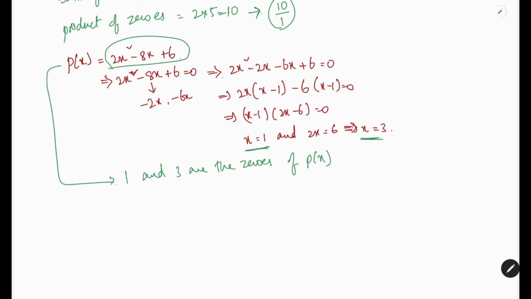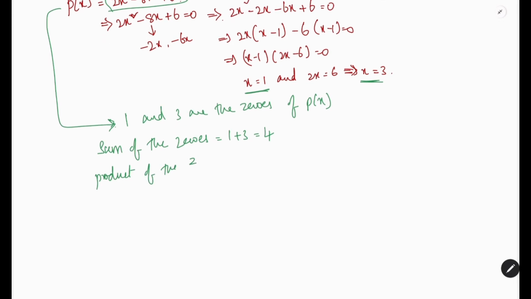Here the sum of the zeros is 1 plus 3 equal to 4. Now the product of the zeros.